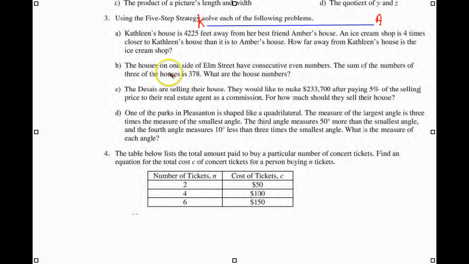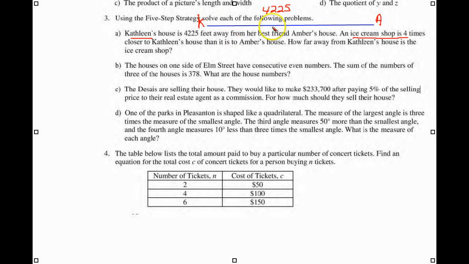So I spent some time reading this, and we see that Kathleen's house, I'm going to put a K there, for Kathleen's house is 4,225 feet from Amber's house. Okay, I'm just putting on a little diagram the information they've given me. Now, an ice cream shop is 4 times closer to Kathleen's house than to Amber's house.